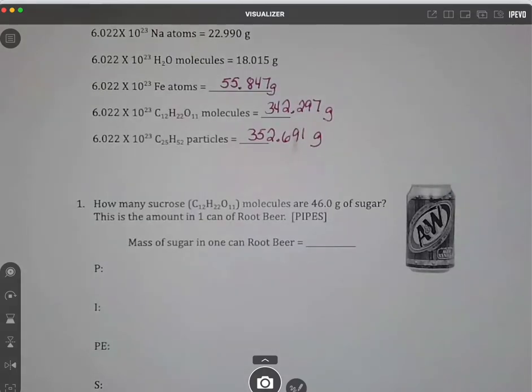I have in a cup 46 grams of sugar. This is the amount of sugar in a can of A&W root beer. I just looked on the side and it said 26 grams, so here you go. This is the amount of sugar that is dissolved in one can of soda.